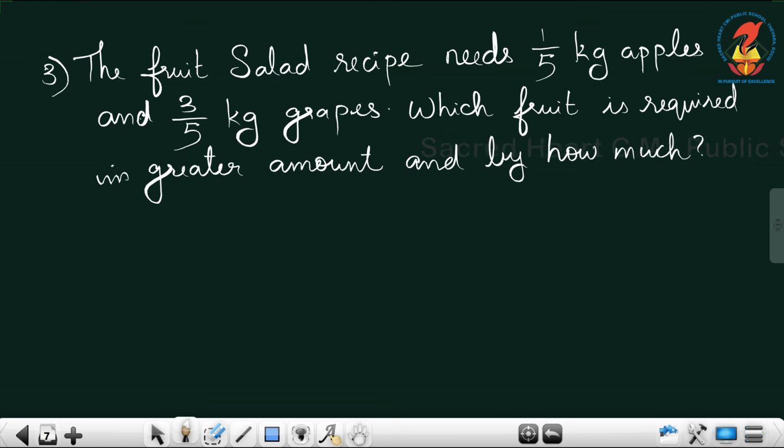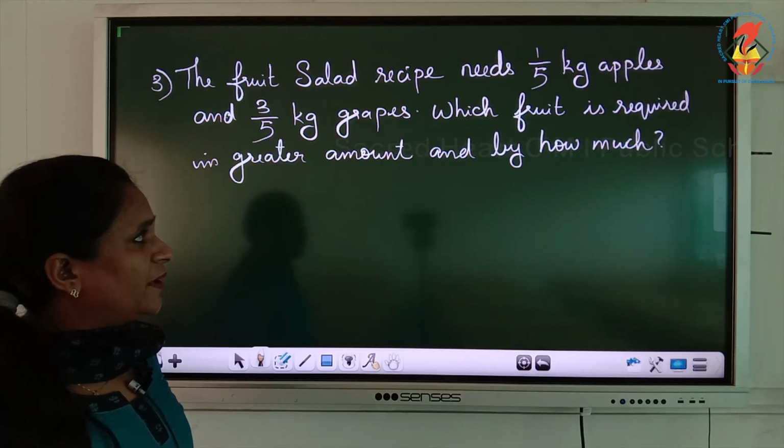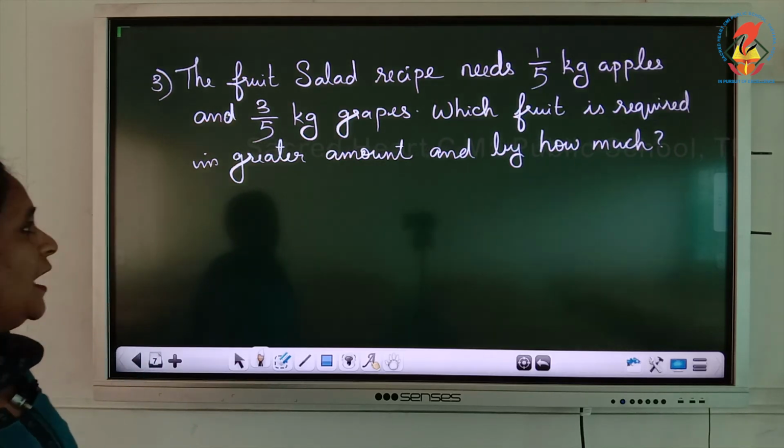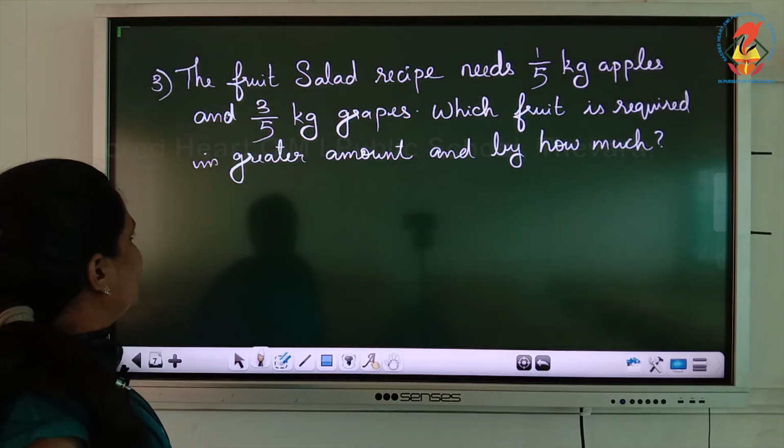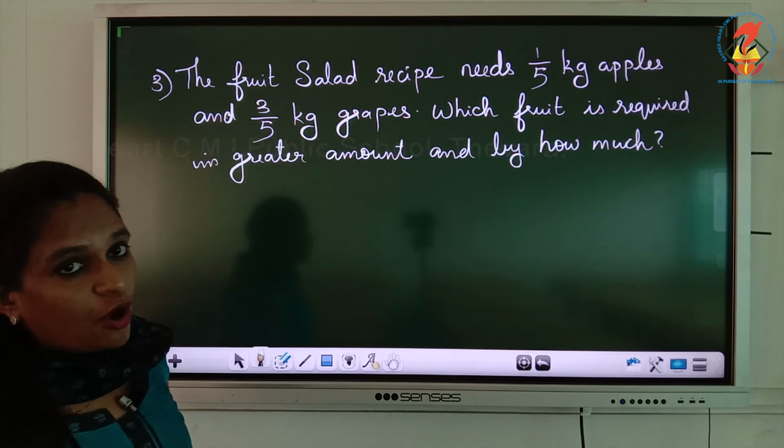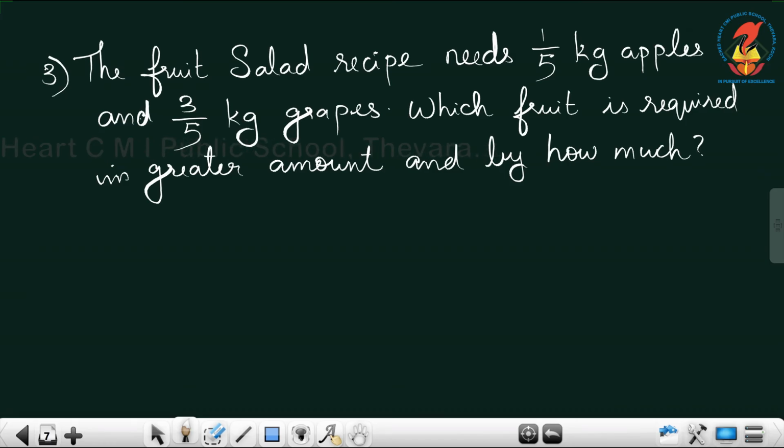Third question, the fruit salad recipe needs 1 by 5 kilograms of apple and 3 by 5 kilograms of grapes. Which fruit is required in greater amount and by how much? What you need to do? You have to subtract.